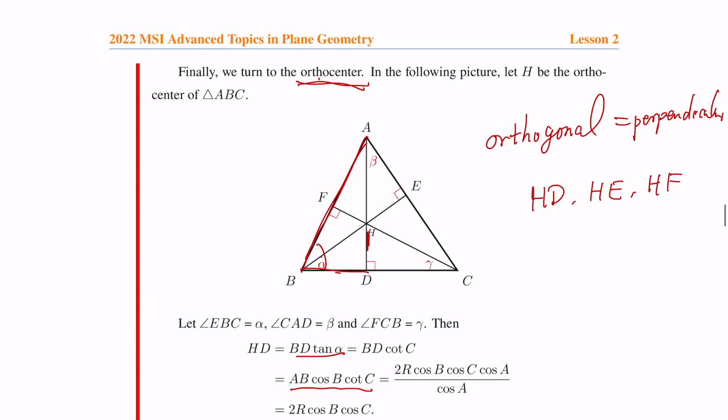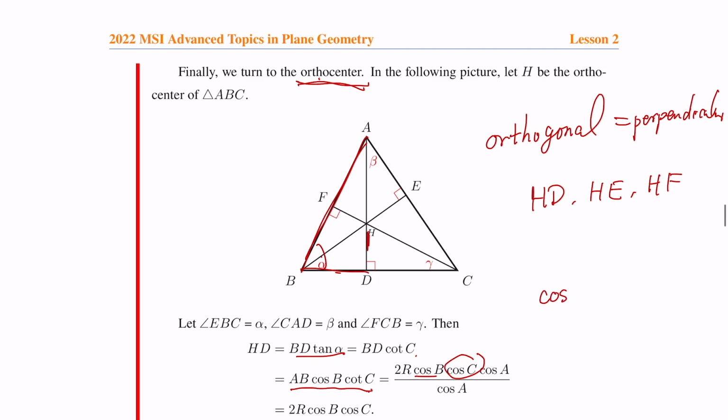Okay, there's a typo here. I made right things wrong. HD is BD cotangent C, which is fine. But BD is AB cosine B. Let's see.